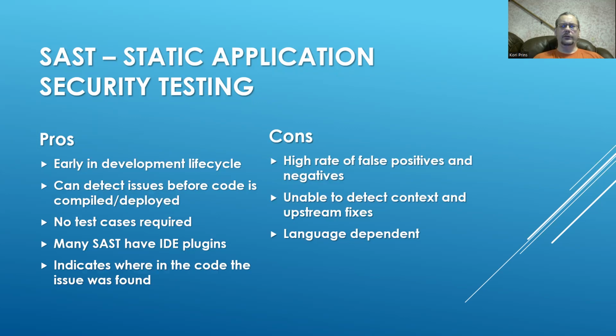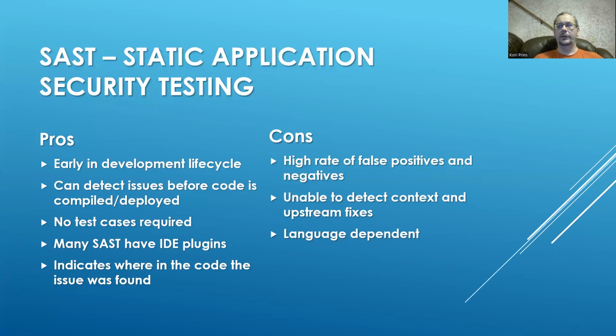For the false positives and false negatives, a false positive is usually pretty easy to identify. It's part of the issue with SAST testing, and the reason it has a high false positive and false negative rate is that it doesn't have the ability to detect context or if an issue is addressed upstream. So you can oftentimes get flags for insecure code that isn't actually insecure, it's just addressed elsewhere in the code.